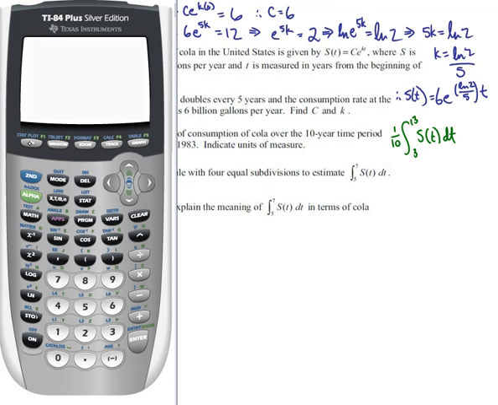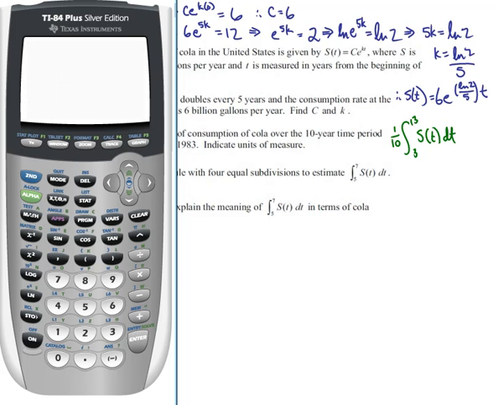So I start with y equals, and I have to be careful with the parentheses here. I have 6e to the, and I need ln of 2, so ln of 2 times x divided by 5, and that should be sufficient. That gives me my function.